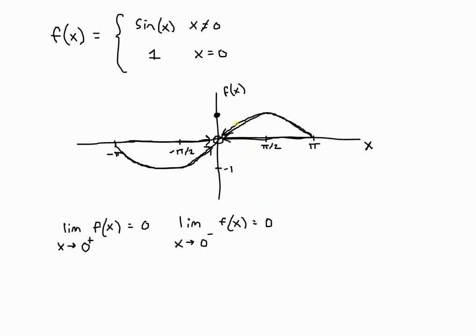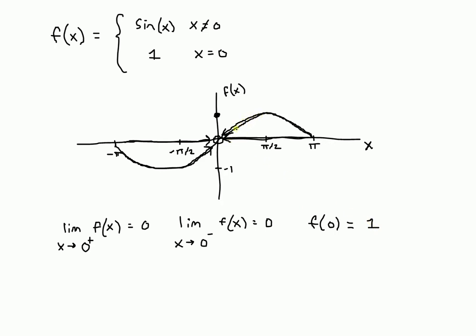Now, same as last time, what actually is f of 0? Well, from the definition of this function, at x equals 0, f of x is equal to 1. We can see that from the graph.